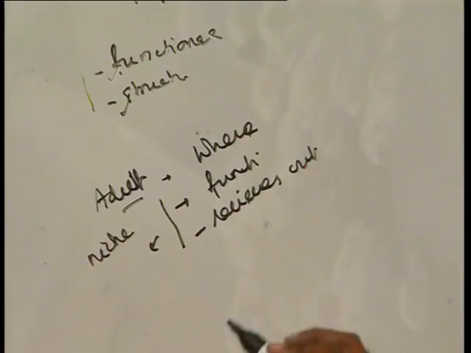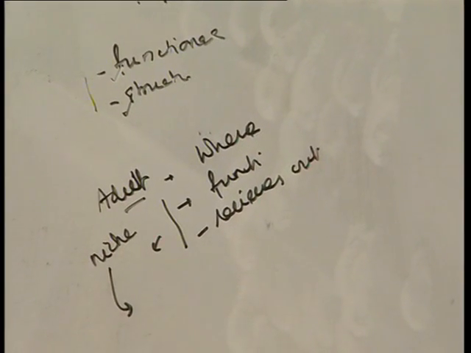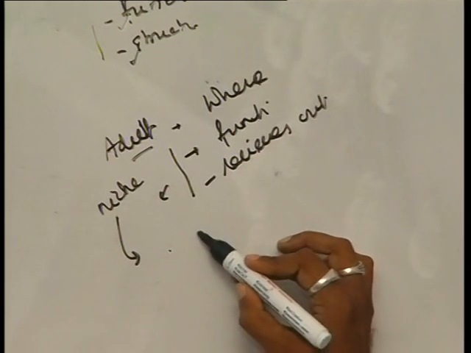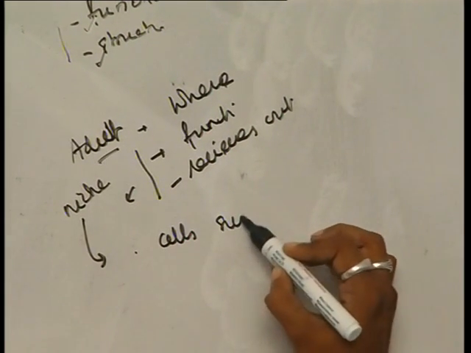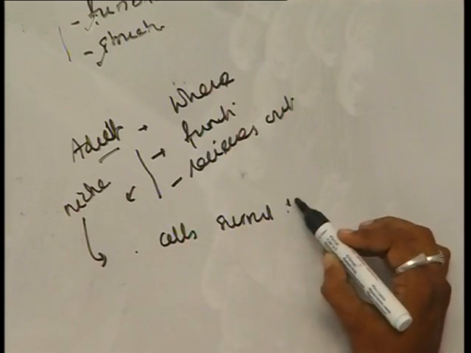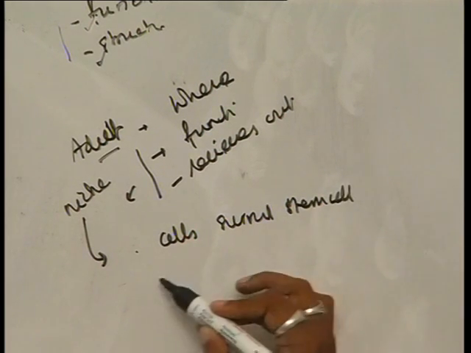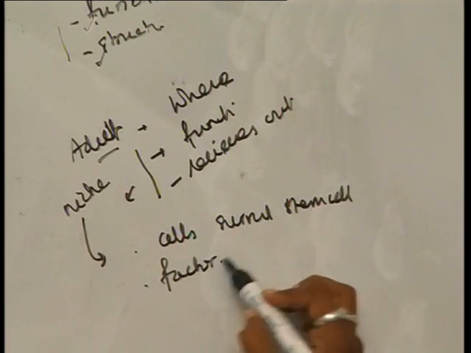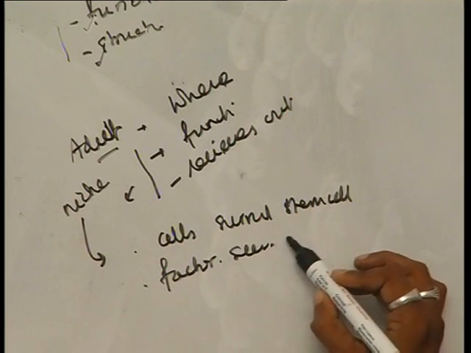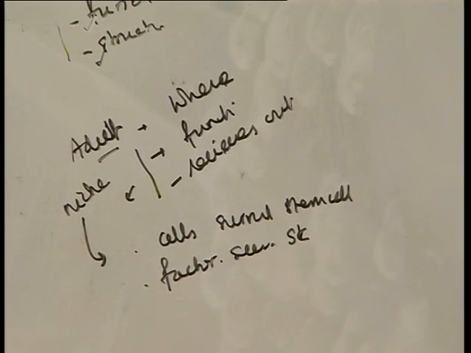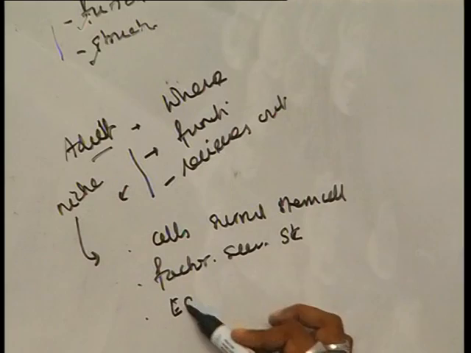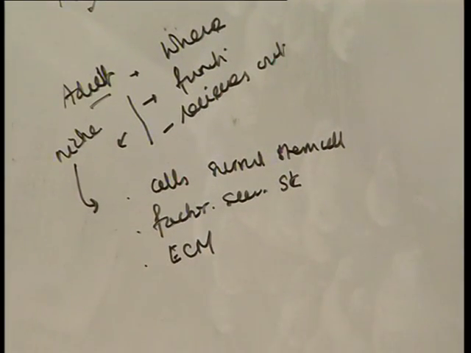That means a niche of a stem cell is composed of a few things. One is the cells that surround the stem cell. Two, the factors that are secreted by the cells surrounding the stem cell. The third, the extracellular matrix around the stem cell.